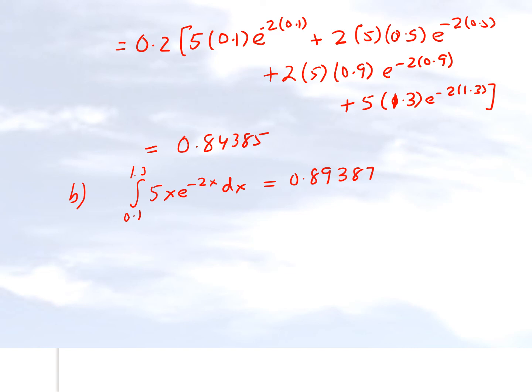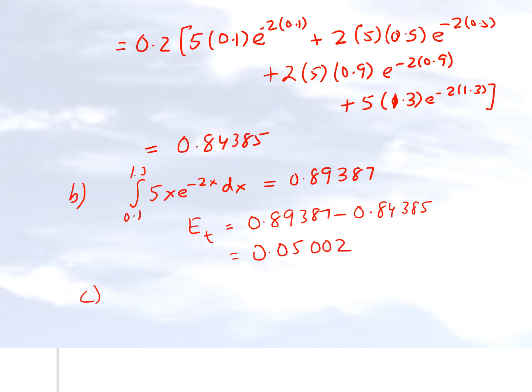So the true error in this case will be the exact value minus the approximate value, and so the true error is 0.05002.